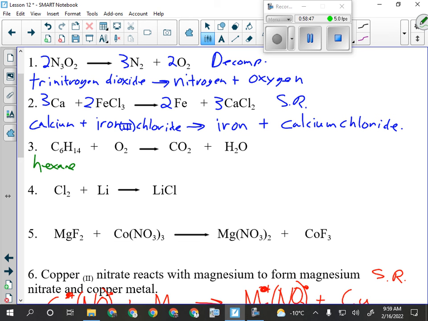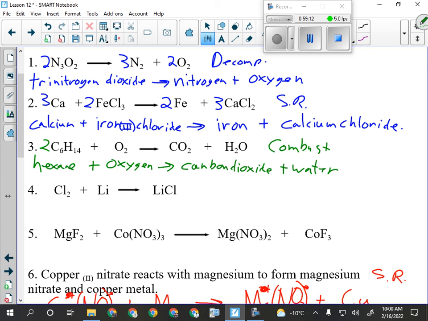So if it's a combustion reaction, you have to write it out. It'll be something small, or I'll tell you what the name is. Okay? So that is reacting with oxygen. And that's going to produce carbon dioxide and water. Okay, we have an even number of carbons in this combustion reaction.